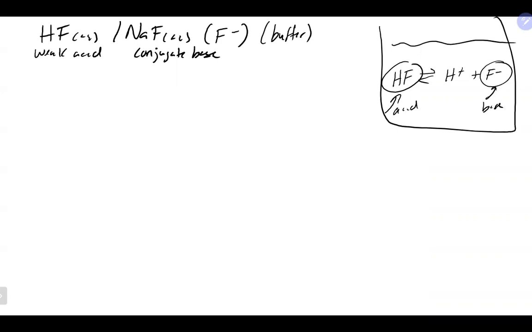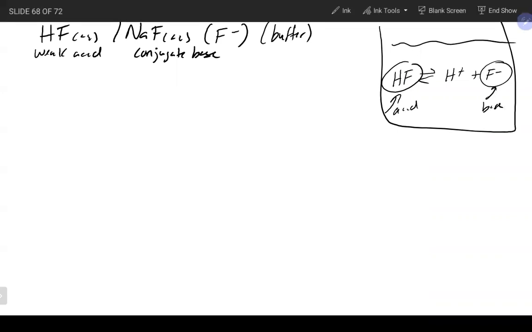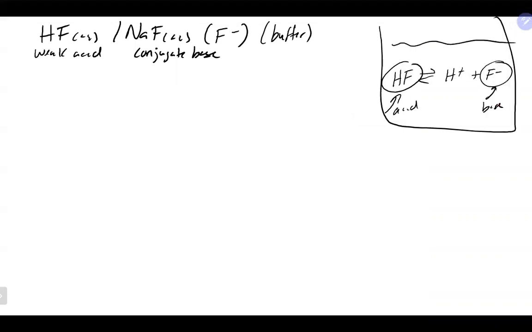and this is the base part of the buffer, the F minus. So now when we take the exact same acid and add it to this buffer, if we take hydrochloric acid, it is actually going to do a reaction because both of these things are in there in pretty good quantities. The acid is going to react with the base part of the buffer, right? They're acid-base reactions.